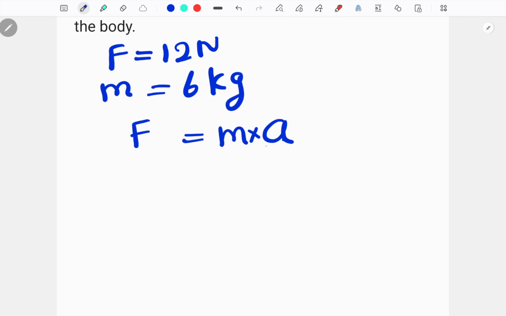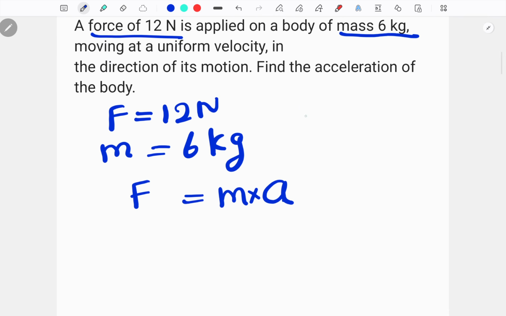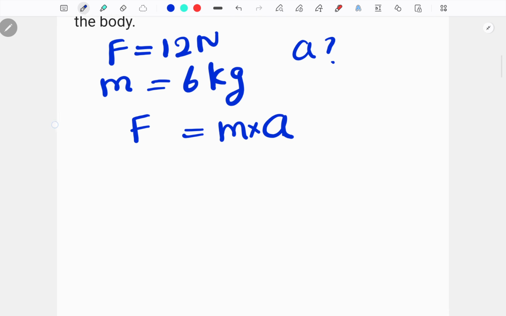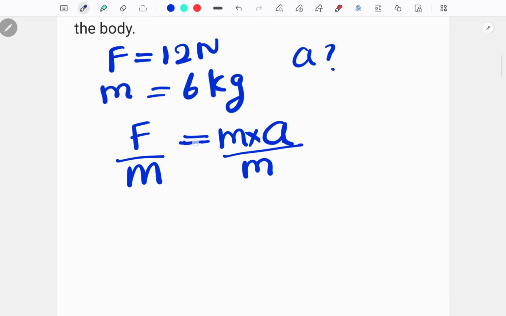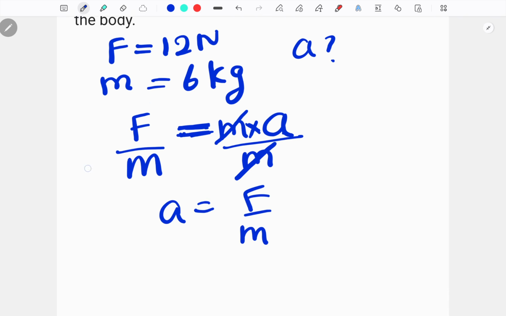To remove the m from this side, because we want to find the acceleration a, I can divide both sides by m, because as there is an equal sign, you can't do anything to one side only; you have to do it to both sides. So m cancels from this side. Now a = F over m.